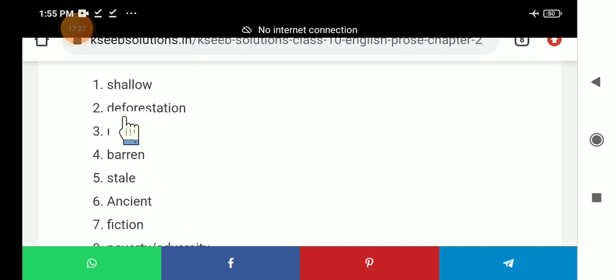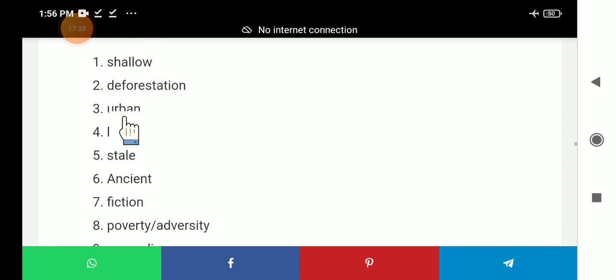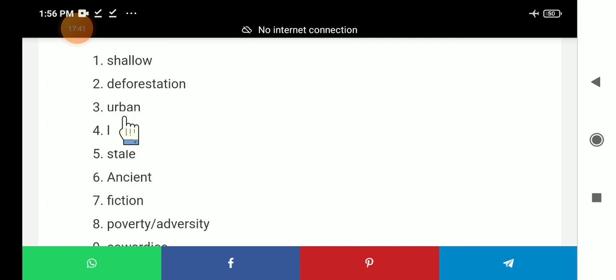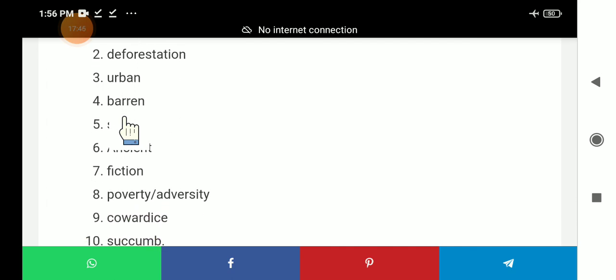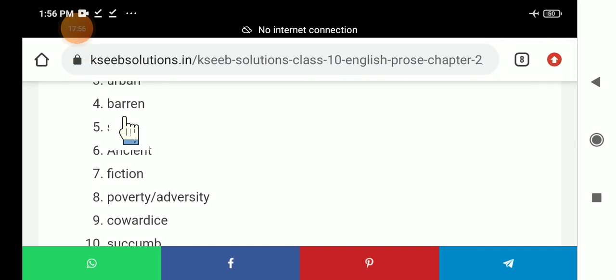The second one: the authorities who talk about afforestation, so the antonym of afforestation is deforestation, are actively engaged in deforestation. The rural students have fared better than their counterparts, so the opposite of rural is urban. It is a big tragedy that fertile minds are engaged in a dash debate. Opposite of fertile is stale. Wait, opposite of fertile is barren.